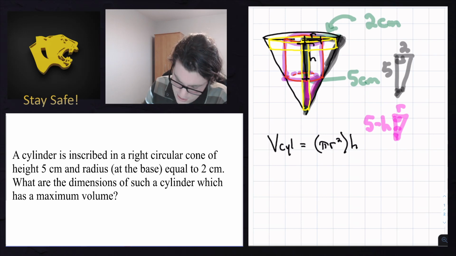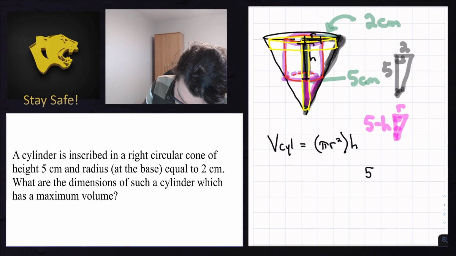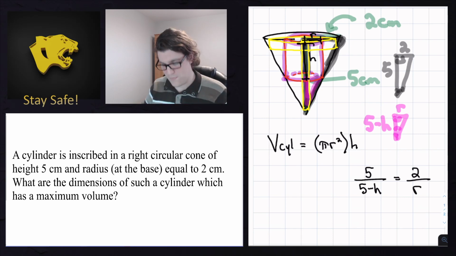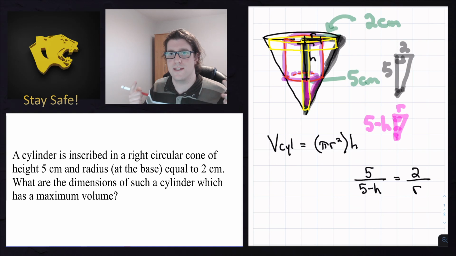So I'm going to take the ratio of the heights. So that's going to be 5 divided by 5 minus h is equal to ratio of the base parts, I guess. So 2 divided by r. The only thing you need to make sure is that you take the same piece from your similar triangles.